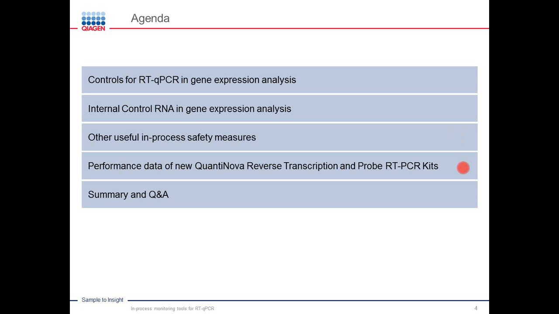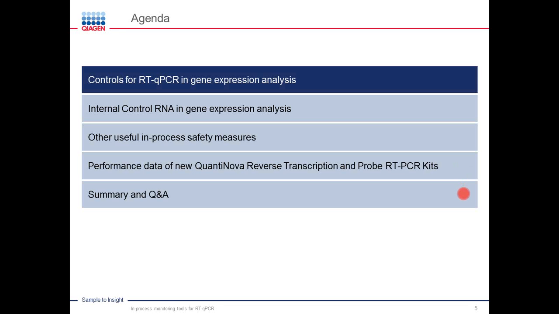And finally, I will show a few performance data about our new QuantiNova kits that I'm going to mention during this session. And of course, in the end, we have the opportunity to discuss some questions and for me to answer them to you and collect your feedback.